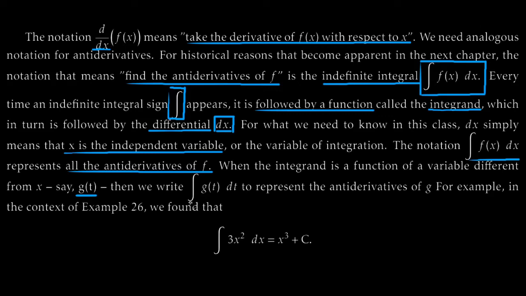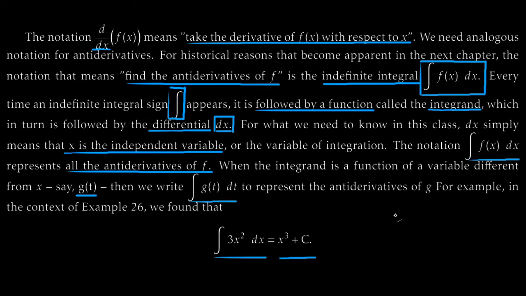So we'd write integral sign g of t dt to represent the antiderivatives of g. For example, in the context of that previous example we just did, example 26, we found that the indefinite integral of 3x squared dx was x to the third plus c.